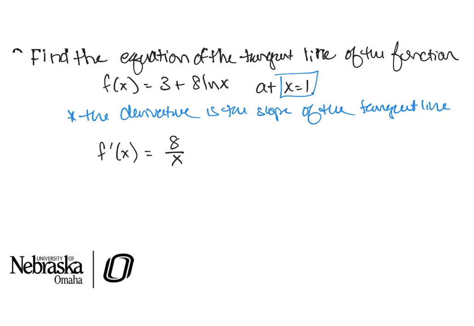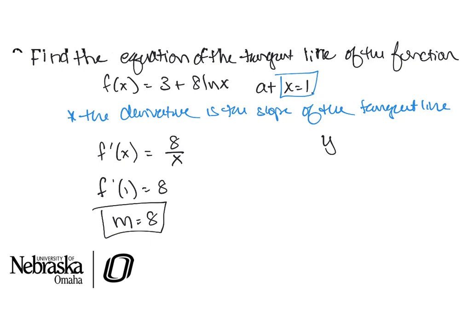So if we want to know the slope at 1, we are looking for when x is equal to 1, we would just have 8. So in other words, our slope is 8. Okay, so to find the equation of the line, we need a point. If we're looking at x equals 1, we need to know the y value.